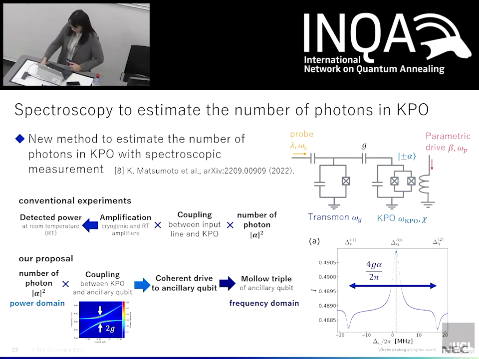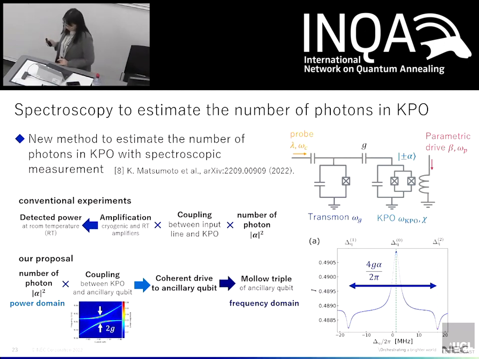In our method, the number of photons can be estimated with spectroscopy using an ancillary qubit. In this method, the ancillary qubit's resonance frequency is the same as the oscillation frequency of the KPO. When the KPO starts parametric oscillation, output from the KPO can act as a coherent drive to the ancillary qubit.